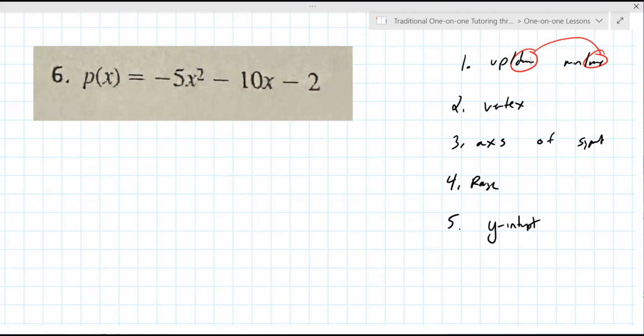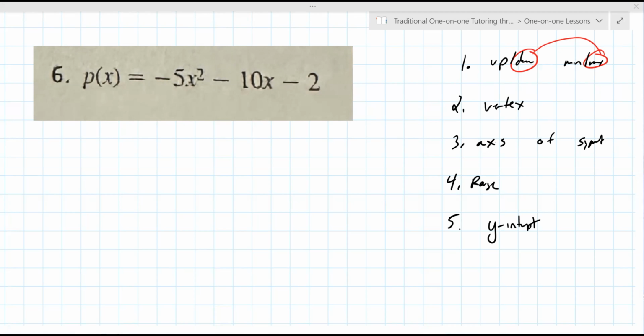The vertex. So A equals -5, B equals -10. So then negative times -10 over -5 times 2.